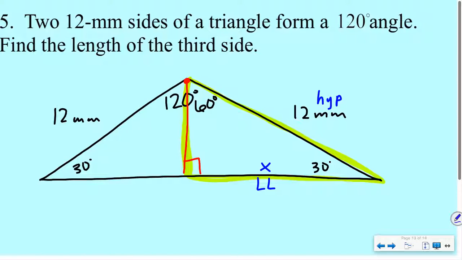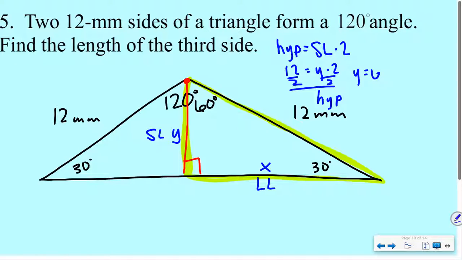No, it goes hypotenuse to short leg, which would be the altitude that we've drawn in, so I'm going to call that Y. The hypotenuse rule for your 30, 60: hypotenuse equals short leg times 2. So then we're saying 12 equals Y times 2. Divide by 2, and what's the length of our altitude there? Y is 6.